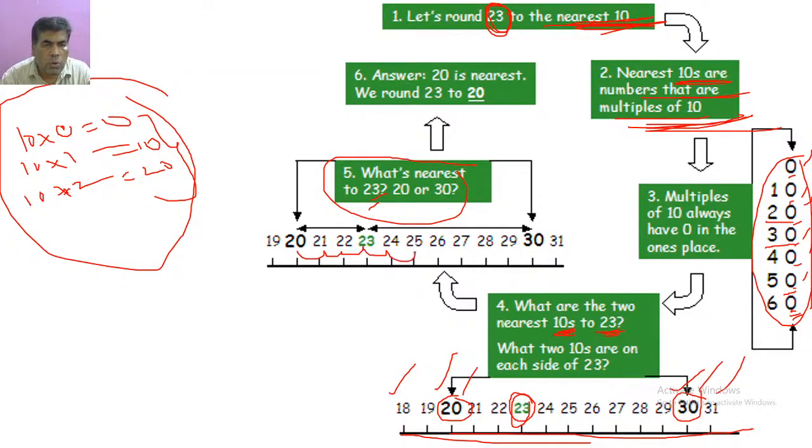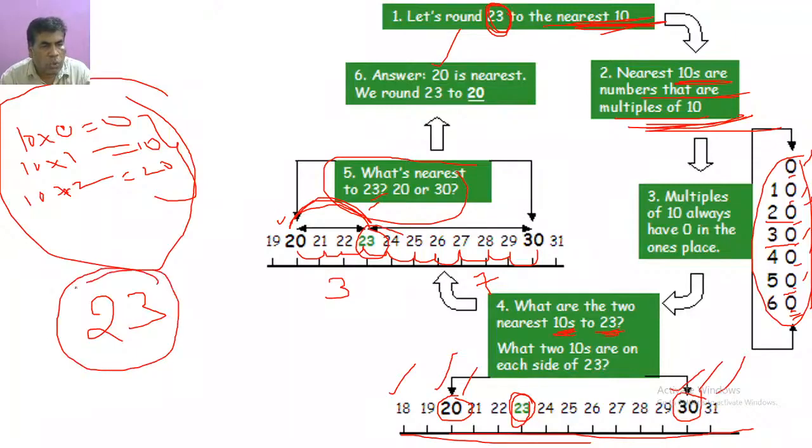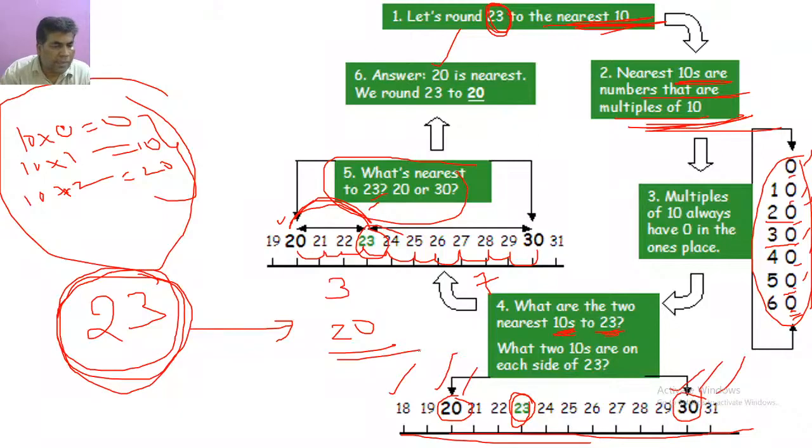To 30: 1, 2, 3, 4, 5, 6, 7, 7 places. So 23 is nearer to 20, and the nearest 10 is 20. If anybody asks what the nearest 10 to 23 is, the answer is 20. Like that you have to guess the nearest 10.